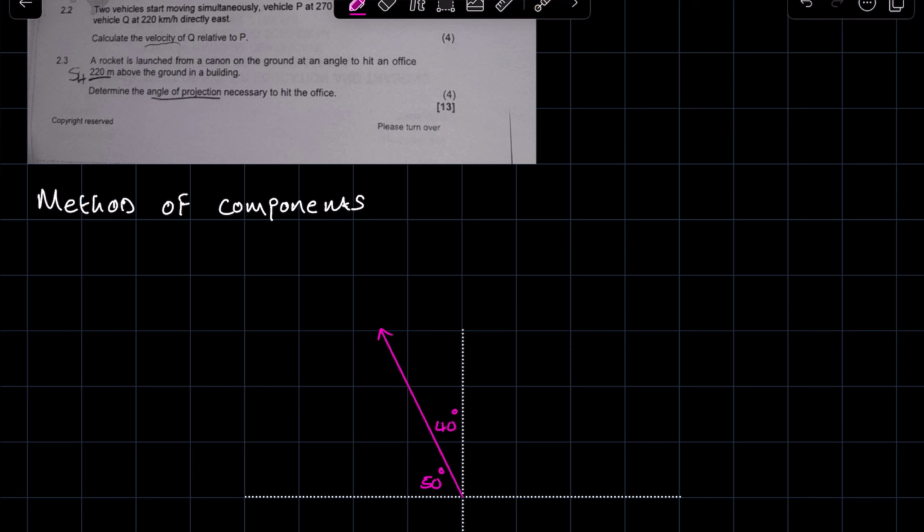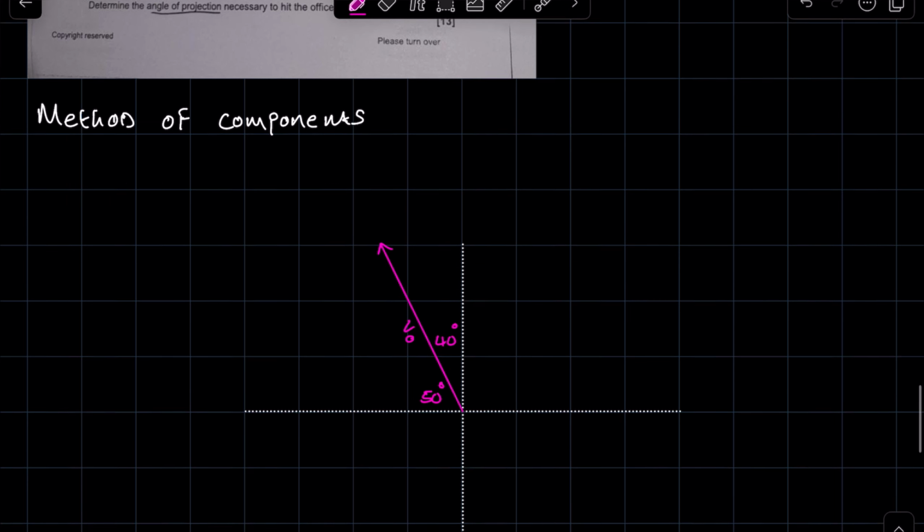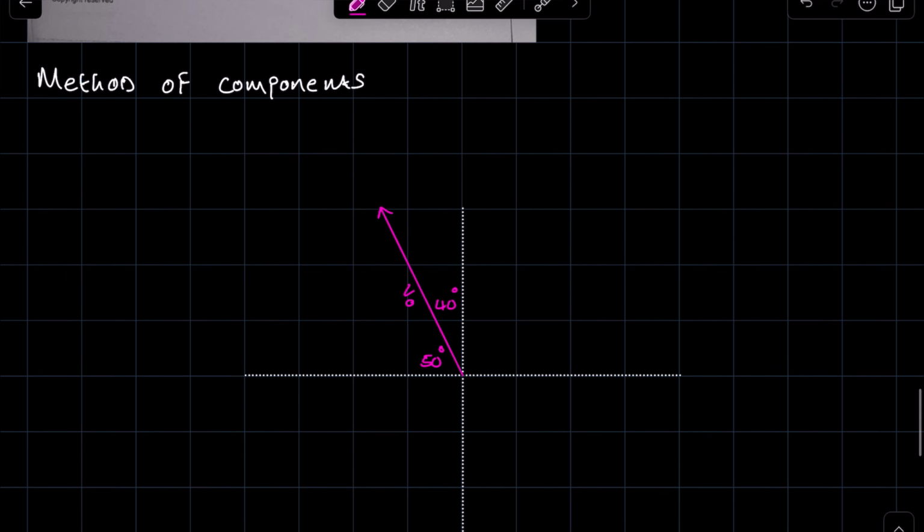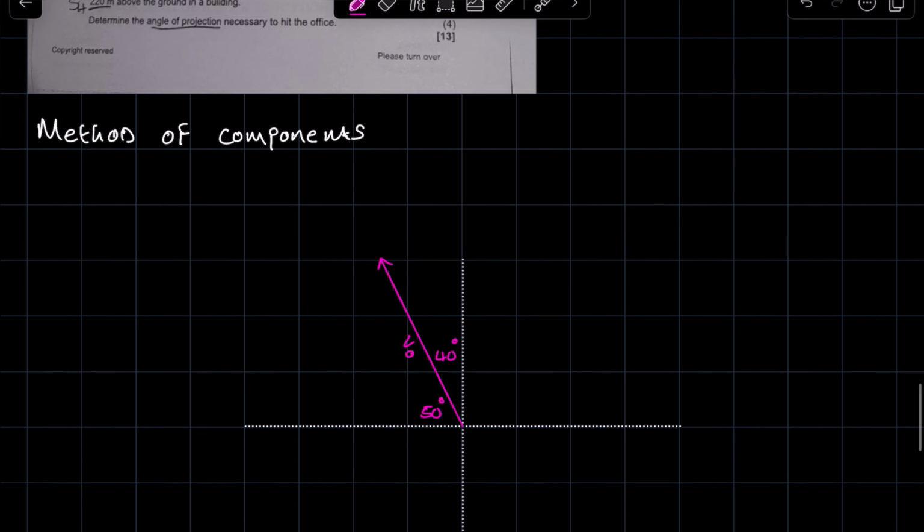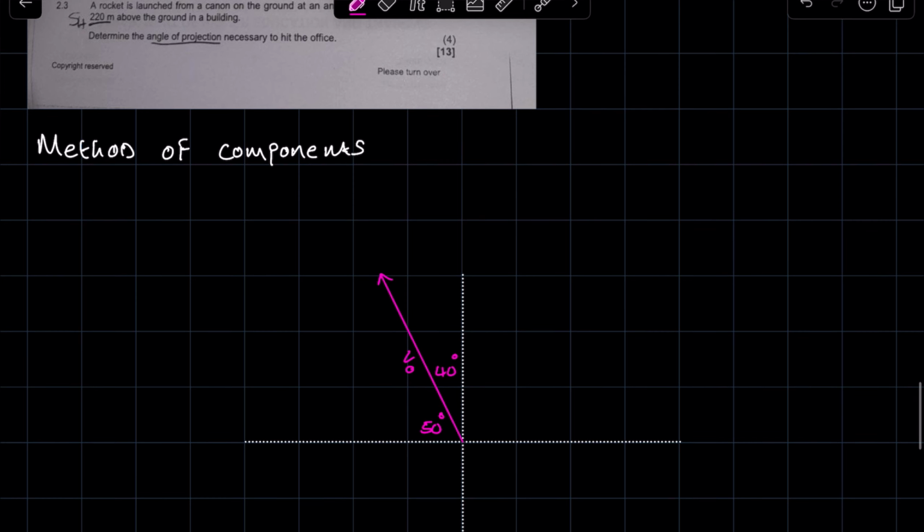This is VO. This is our VO. Let us write down the value of this.